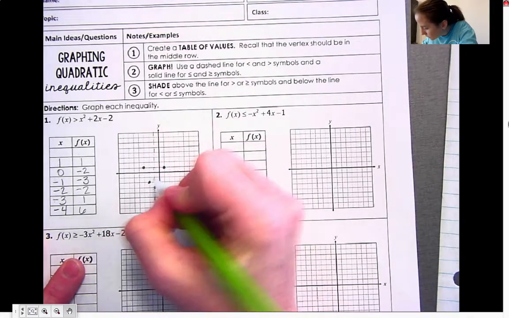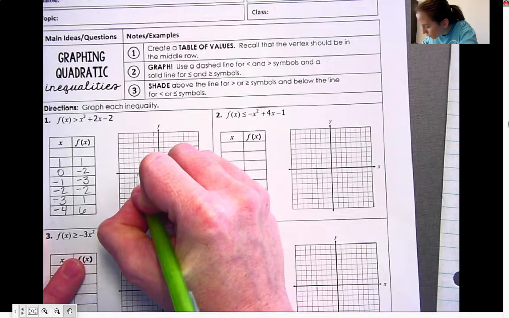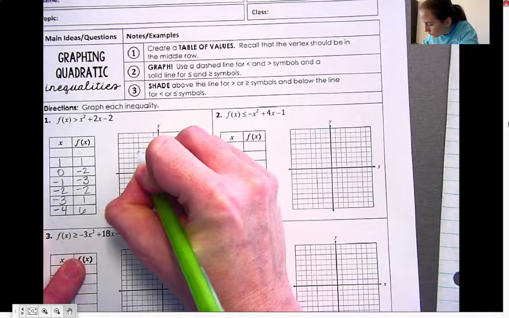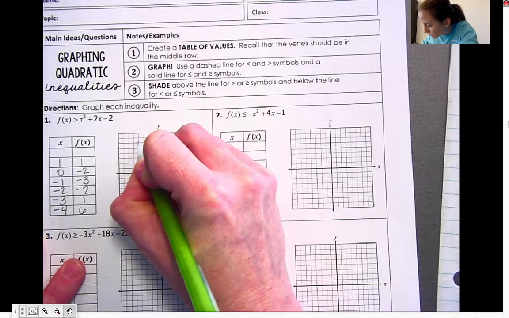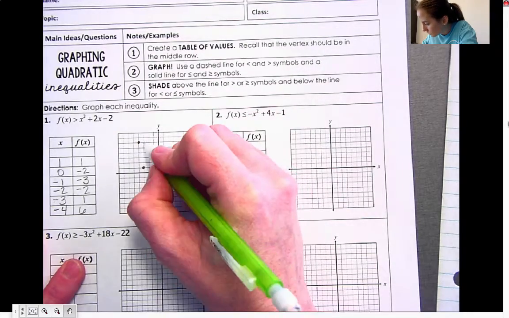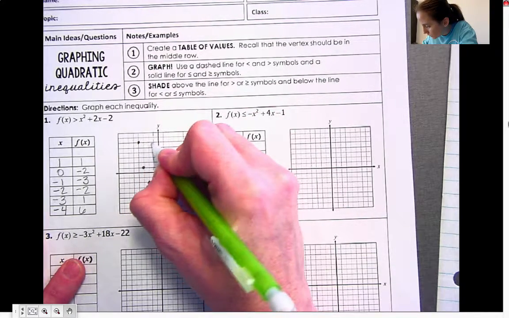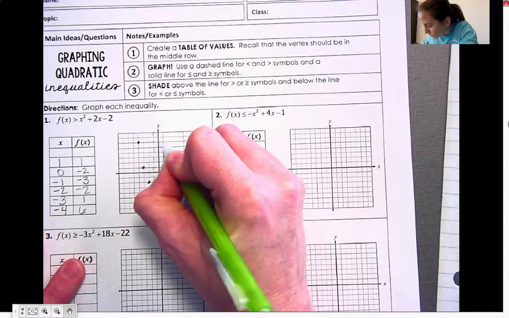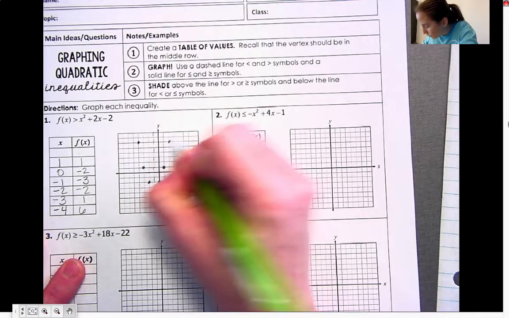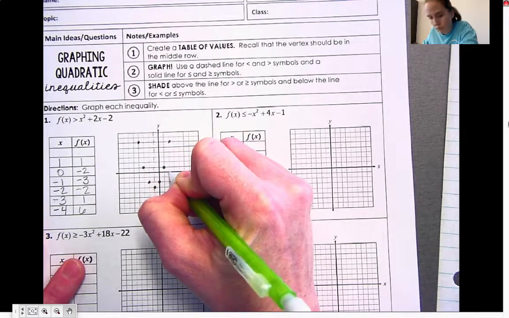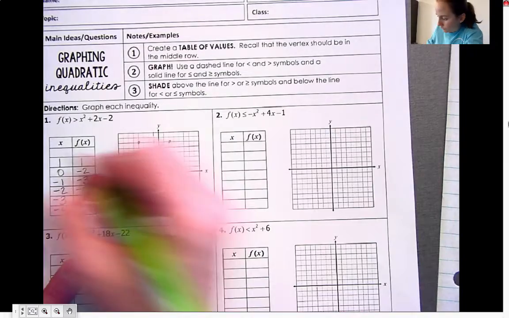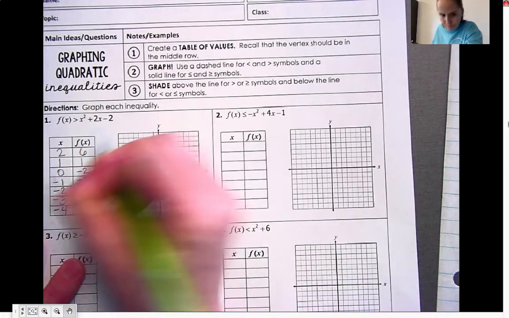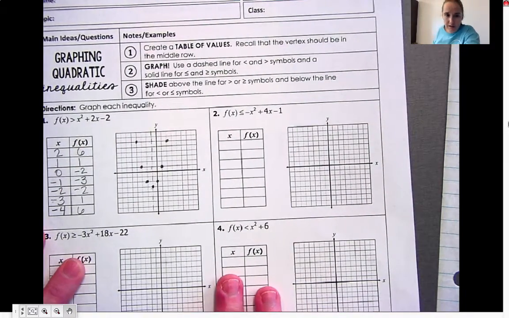Negative 4 is here, and I go up 6. 1, 2, 3, 4, 5, 6, which means I should have a reflection across the axis of symmetry. 1, 2, 3 is the axis of symmetry. 1, 2, 3. So I should be at x equals 2. Okay, so at 2, I should have 6. And of course, you can plug that in and check it.